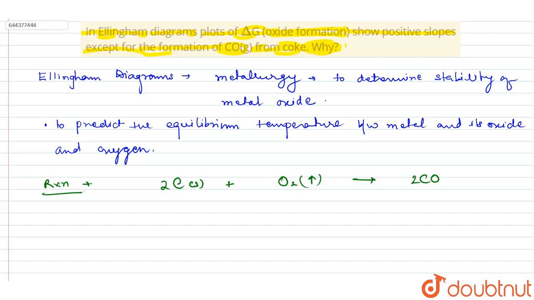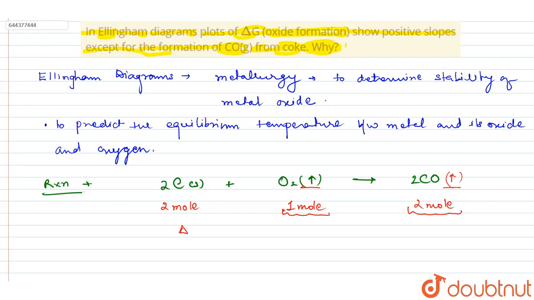So we are taking 2 mole of carbon and 1 mole of oxygen, which is gas, and we are getting 2 mole of carbon monoxide. So we only consider the gaseous species. Here oxygen is a gaseous species and carbon monoxide is a gaseous species, and we are having 1 mole in the reactant and we are getting 2 mole in the product.